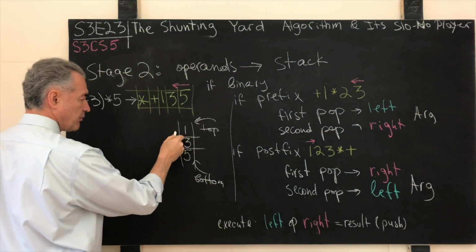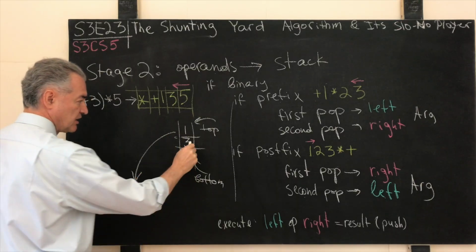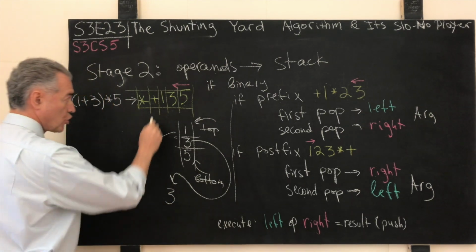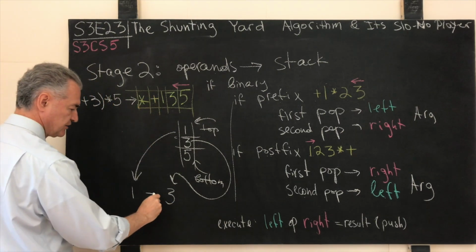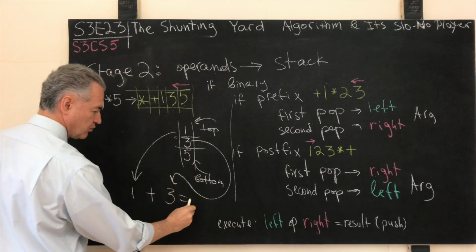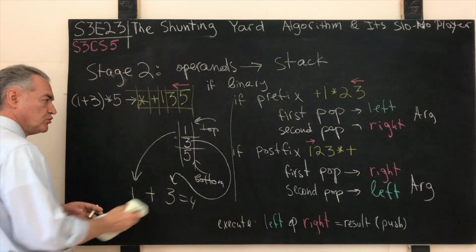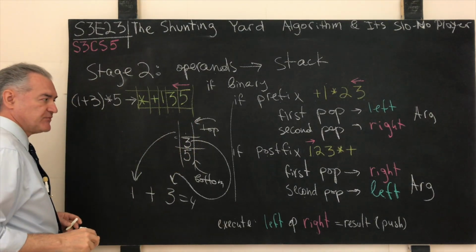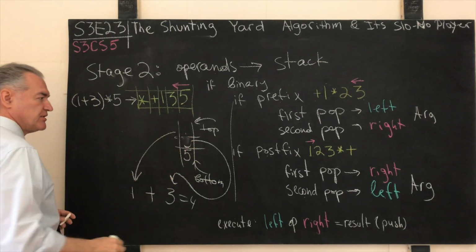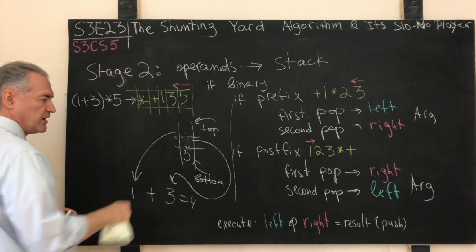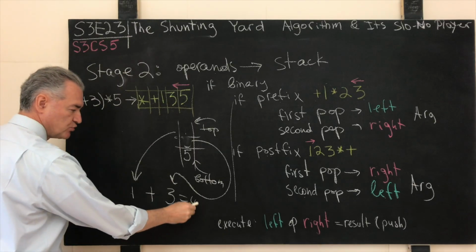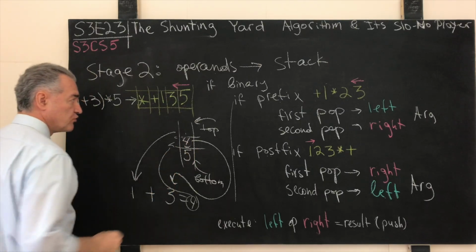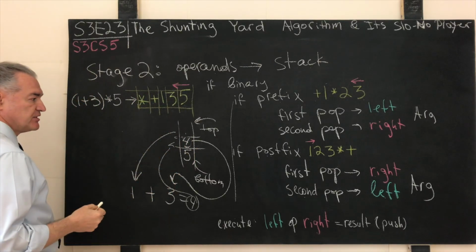So in this case, we pop 1 goes left, 3 goes right, and the current operator that we took from the input is addition. 1 plus 3 is equal to 4. So the first pop emptied technically the stack. The second pop emptied the stack some more. So now we have 5 at the top of the stack. Once we produce the result, we push it back onto the stack. So we write 4 over here, and we continue processing the input.